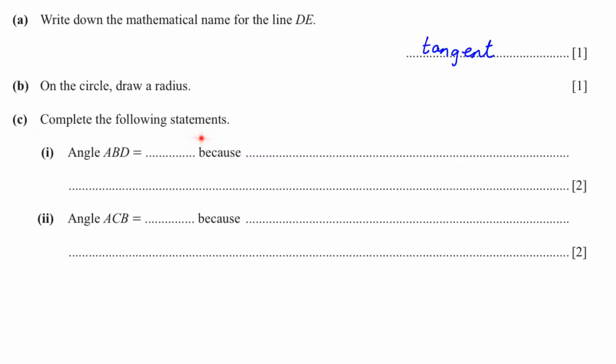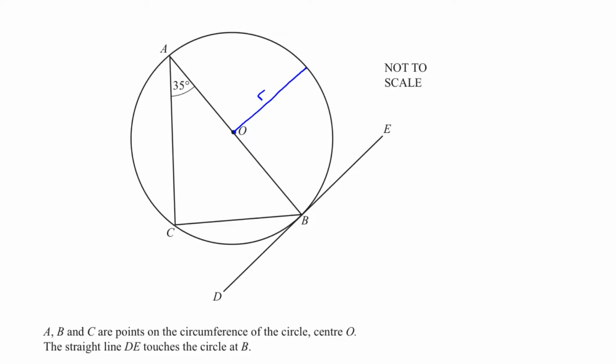C, complete the following statements. Angle ABD is equal to, and we have to give the reason. Anytime you have an angle between the radius and the tangent, it equals 90 degrees.